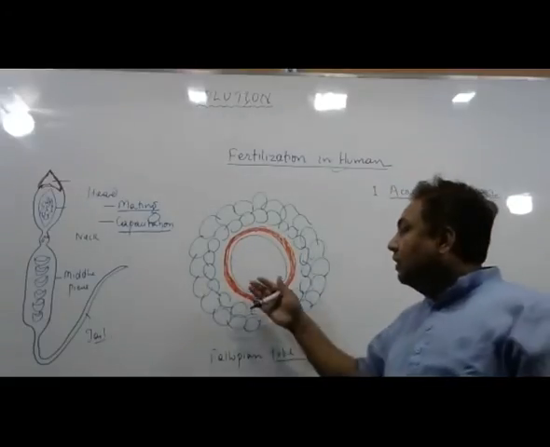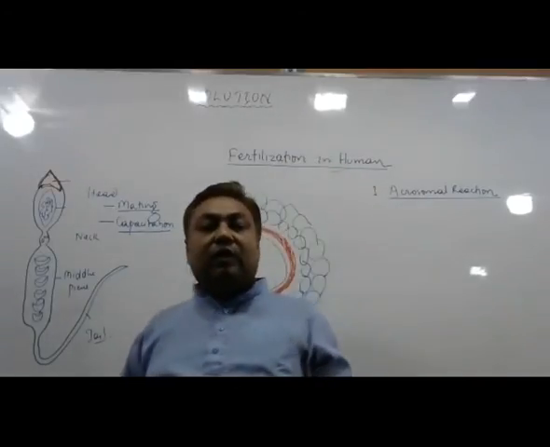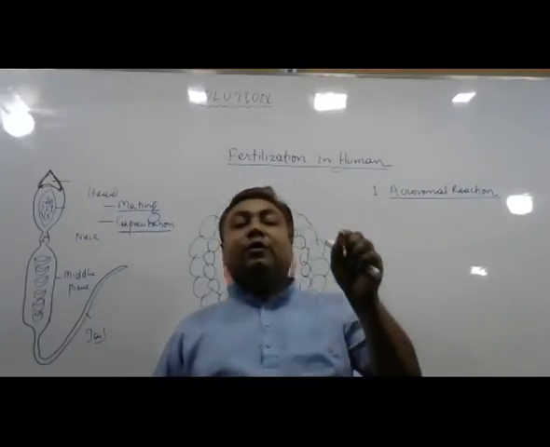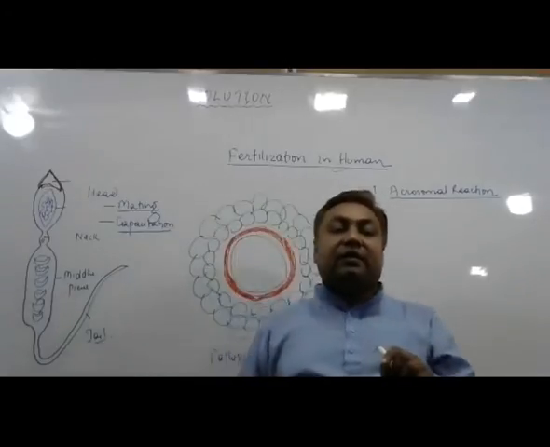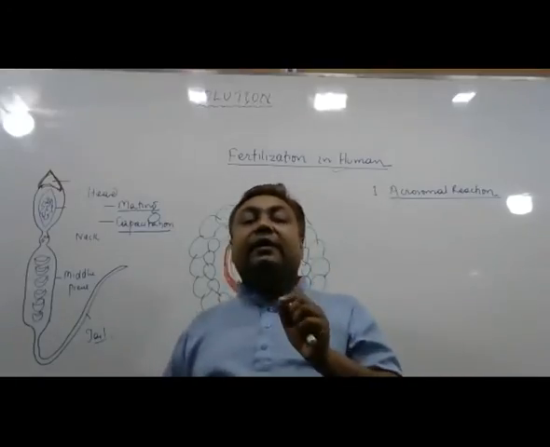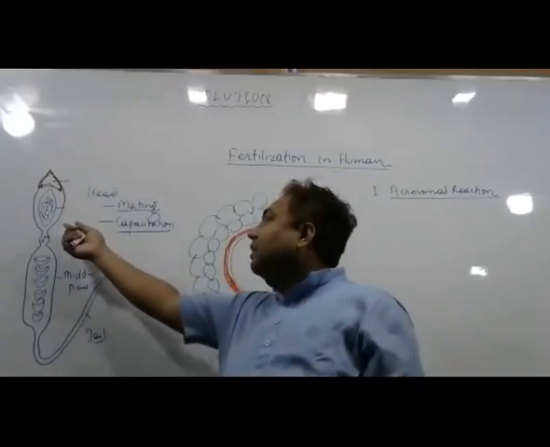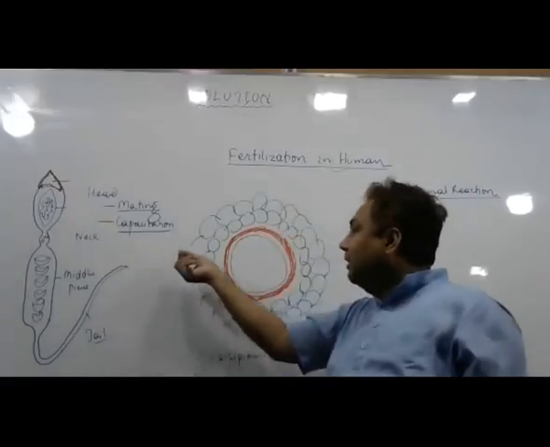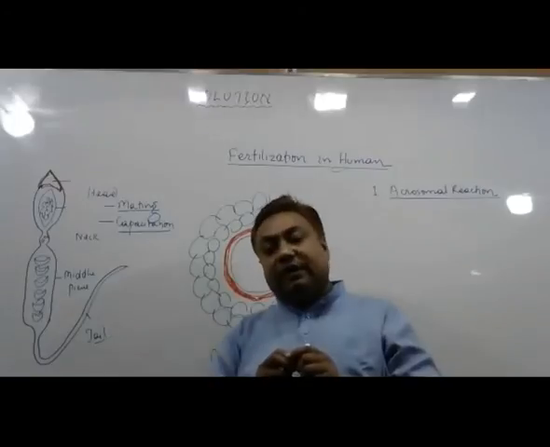So the secondary oocyte has entered the process of meiosis, but is arrested in meiosis 2 due to the absence of a factor which is necessary for meiosis 2, and that will start only when the sperm nucleus enters the cytoplasm of the secondary oocyte.